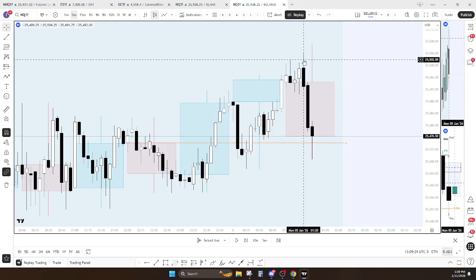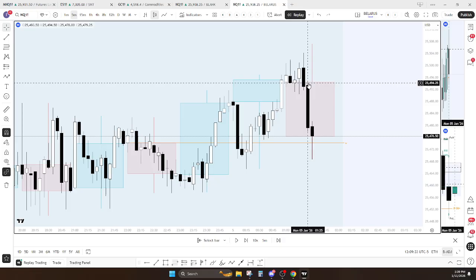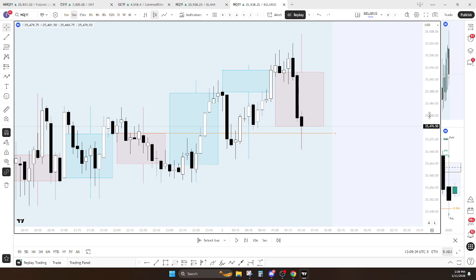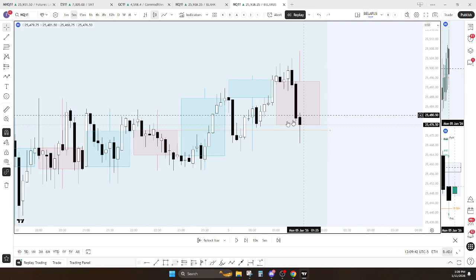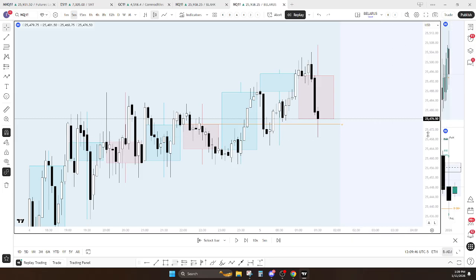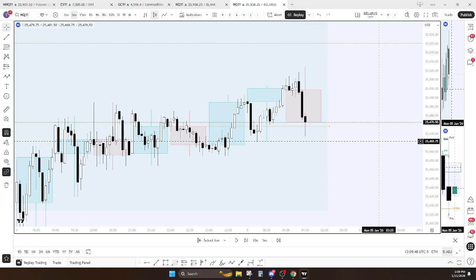As soon as we got the close in the CISD, would you have fired into this? Probably not. Like Anya said, 90% of traders would not have been able to get into this trade. So our idea has been met there, so we won't be placing the trade there. We won't be waiting for it.